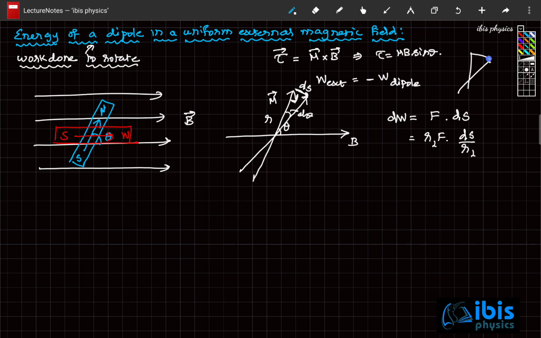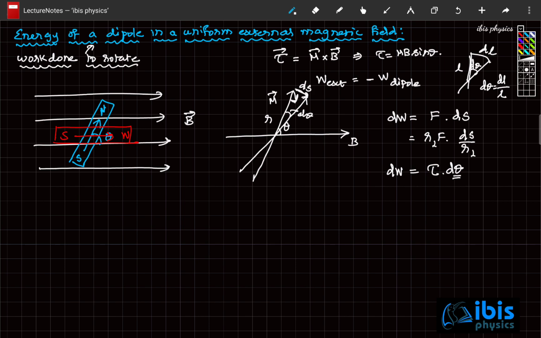If this is the angle, this is dl, and this is l, then by definition, for a small distance dl the angle is d theta. So d theta equals the arc length dl divided by the perpendicular distance l. Similarly here, force times r perpendicular represents torque, and ds by r is d theta. So in rotating a dipole through a small angle d theta, the work done is tau d theta.